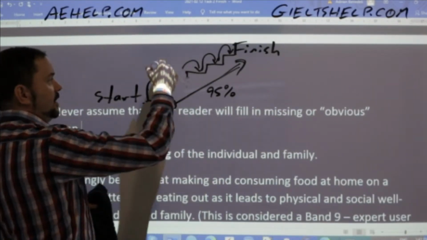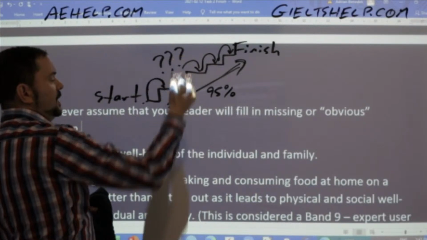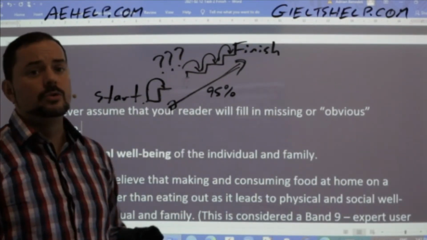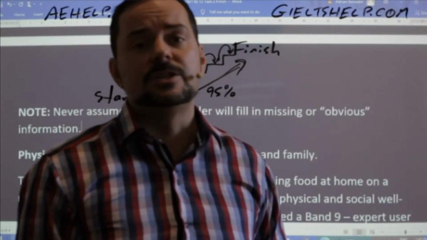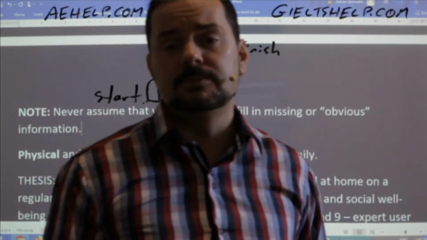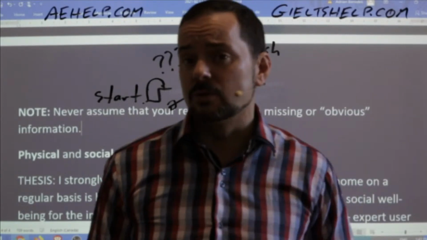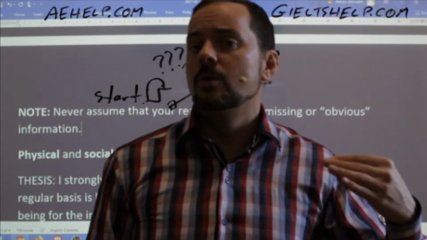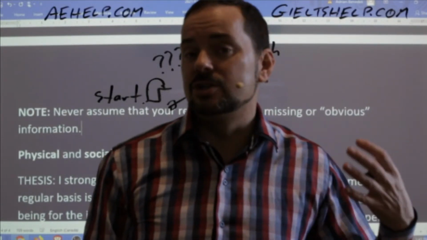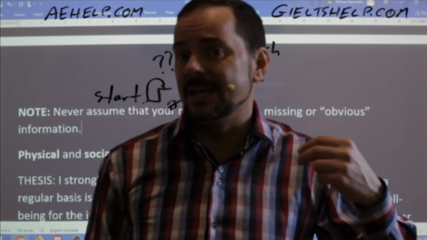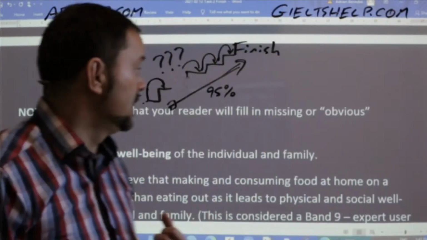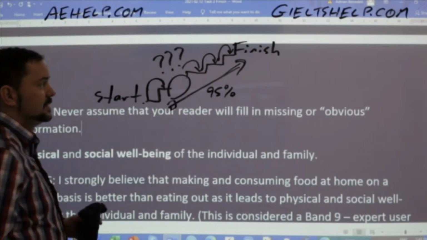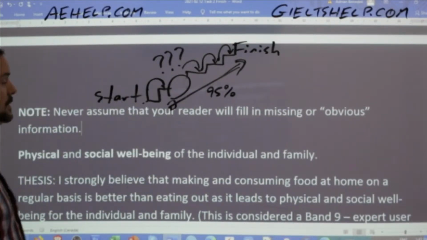And here, the reader is lost, okay? That leads to coherence mistakes, and that leads to a task incompletion mistake, and you definitely lose band scores for that, okay? Especially from band 6.5 and higher, where they're not just looking at your knowledge of vocabulary and grammar, but they're looking at your use of language and writing, okay? Especially academic. So you do not want to have gaps like this in your writing, okay?